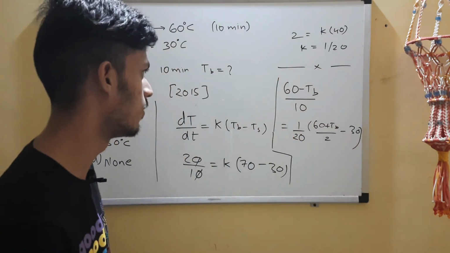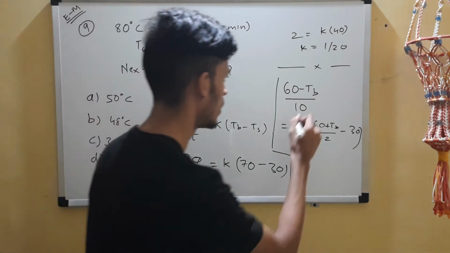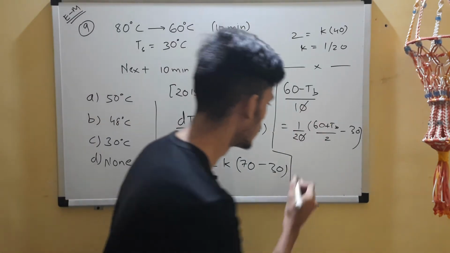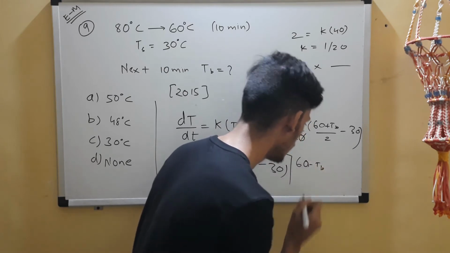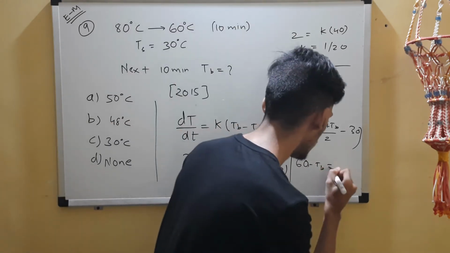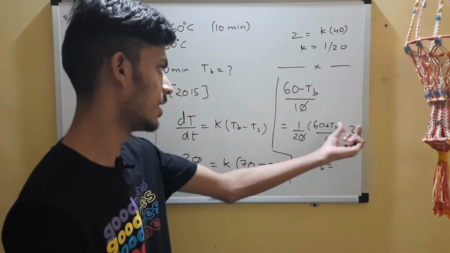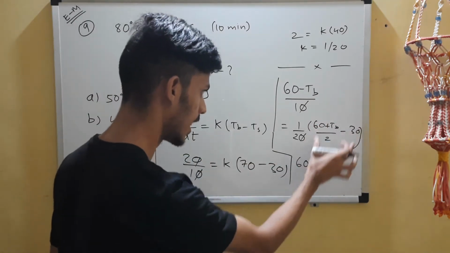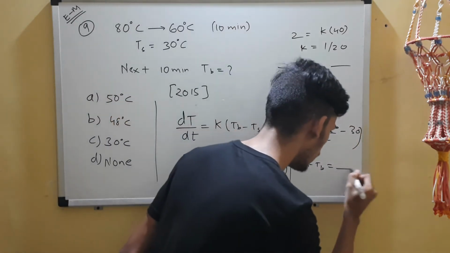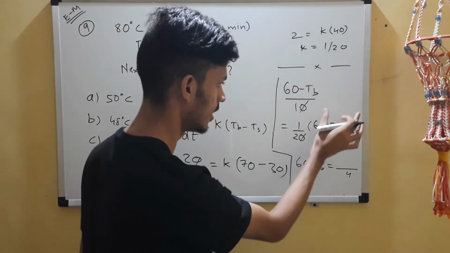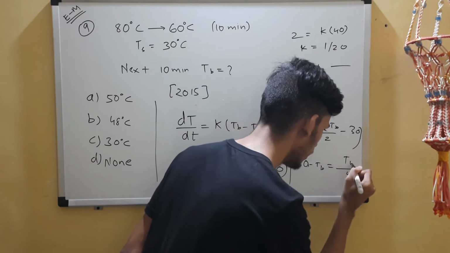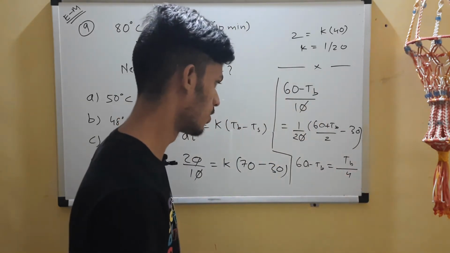So let's just solve it now. This and this can get cancelled. So 60 minus TB equals, you can take the LCM, this will be minus 60, and this 60 will get cancelled, right? So upon 4, 2 2s are 4, okay, and this 60 got cancelled, and TB value, TB over here, so we have to find TB.